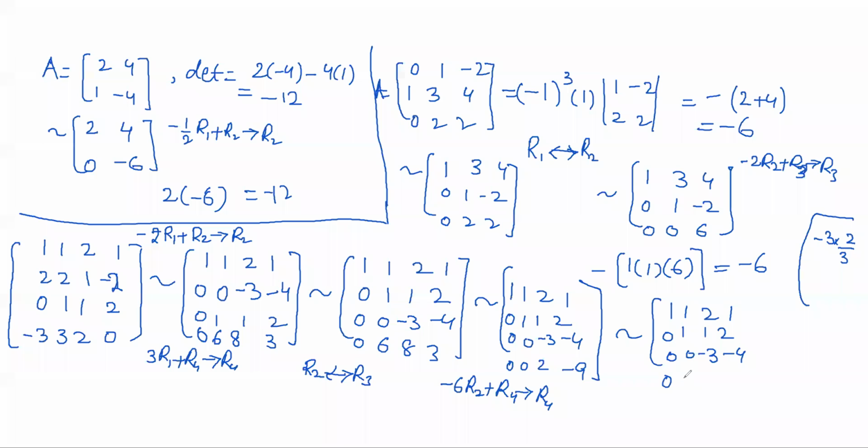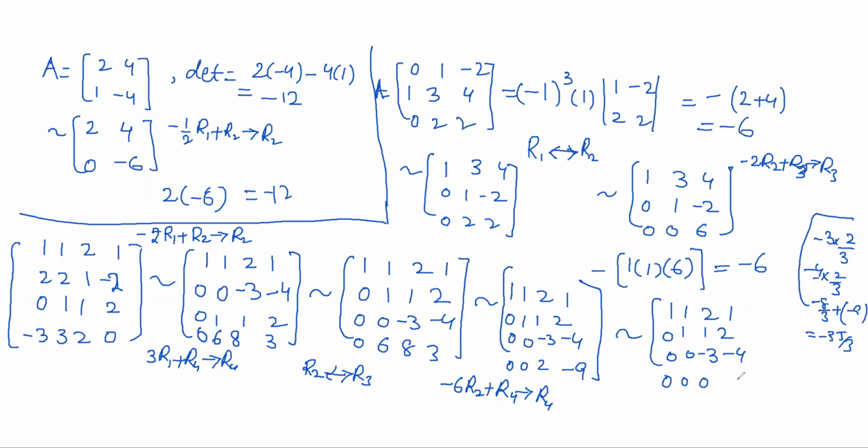So 0, 0, and then 0 over here. And then this is minus 4. So minus 4 multiplied by 2 by 3 is minus 8 by 3. Minus 8 by 3 plus minus 9, that will be minus 35 by 3.